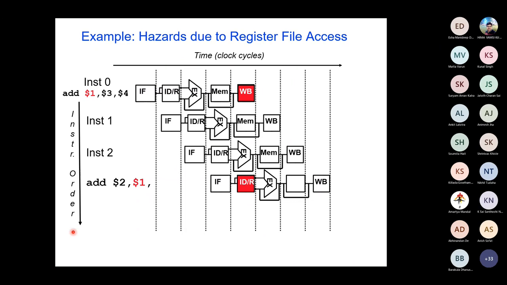So this is a kind of data hazard. You are waiting for something which is not yet ready, even though three clock cycles have already elapsed between the concerned instruction and the current one. $1 is the destination register for instruction 0, and it is the source register for the fourth instruction.